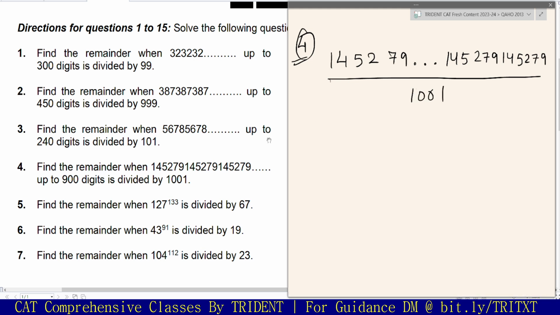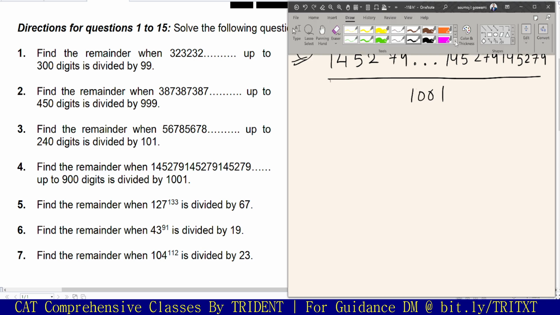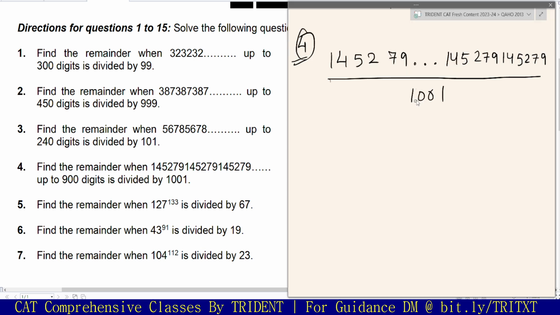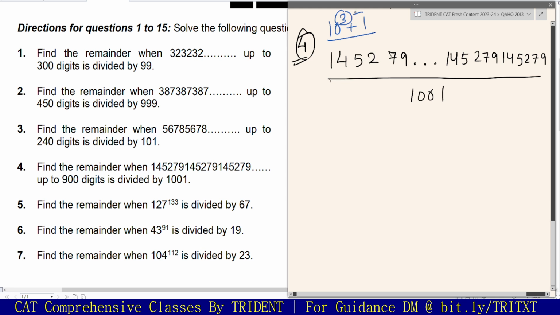by 1001. Same logic that I have told you, the divisibility rule of 11, but we need to be cautious. What we need to do over here is make groups of 3 digits. Why 3? Because this is 10 raised to the power 3 plus 1. Always pay attention to this 3.